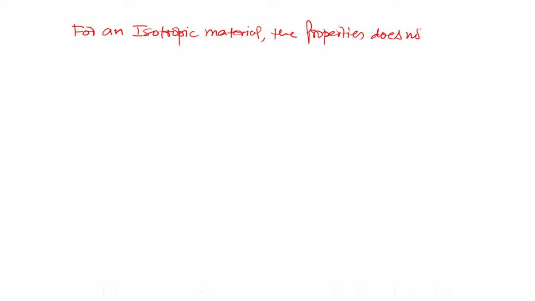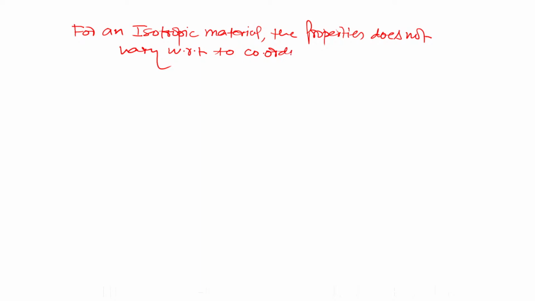So for an isotropic material, properties do not vary with respect to direction, coordinate axis.